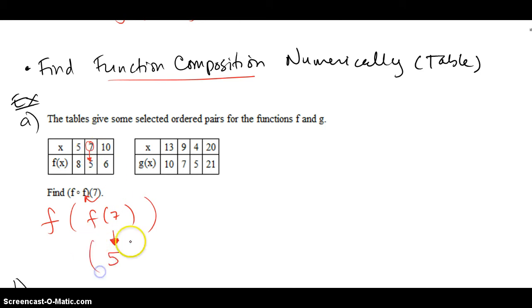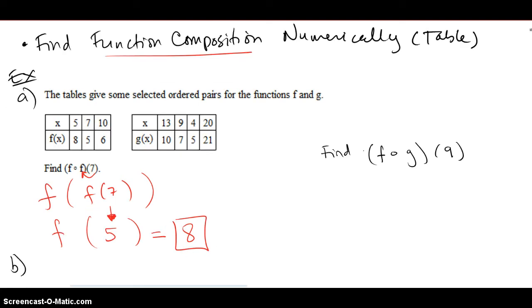Now what happens with the 5? F comes in, grabs it again. Now it says go to the x-coordinate 5 for the f function, which is right here, and give me the output. Well, the output is 8. So f of f of 7 is 8. Okay, let's find f of g of 9. So g is going to grab the 9 first, and then whatever that does, f will grab the result.